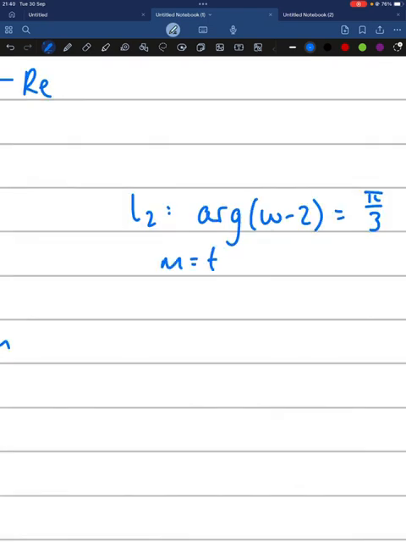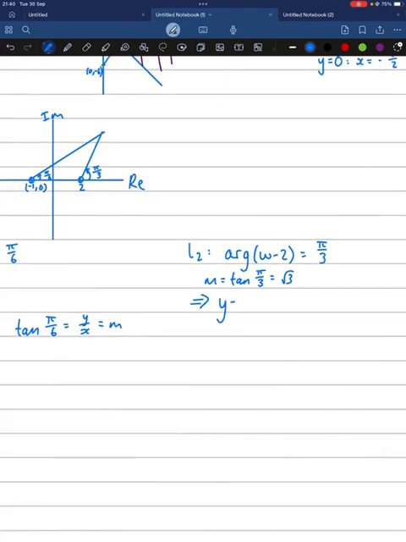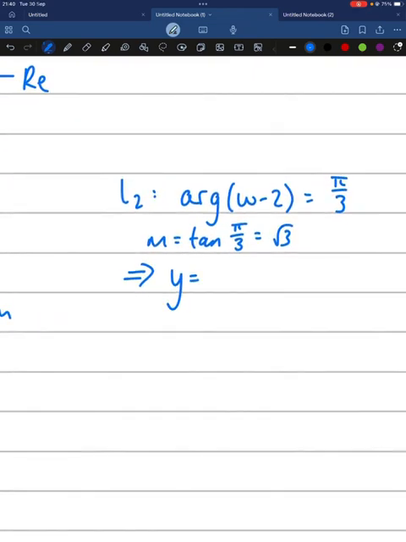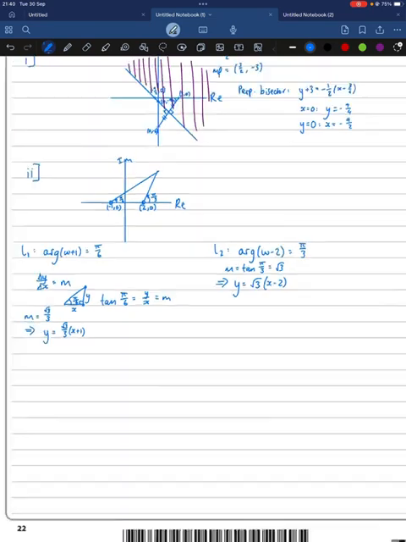M is the tan of pi by 3, which is √3. So from our formula, y minus 0, which is y, is equal to √3 times x minus 2, the equation of this line.